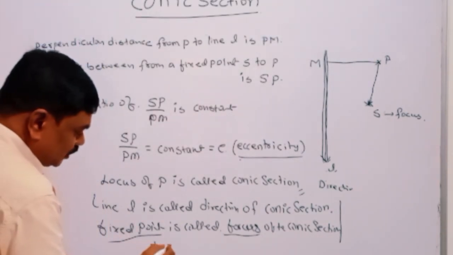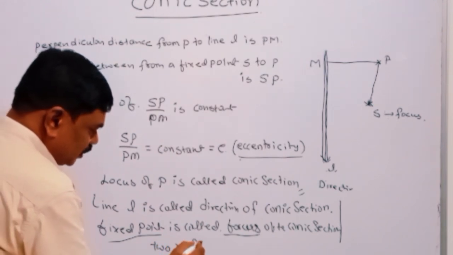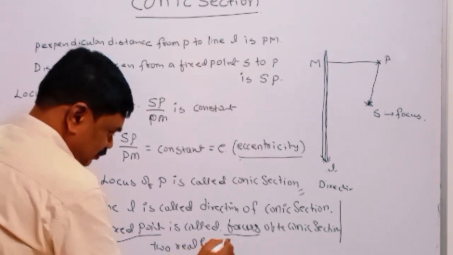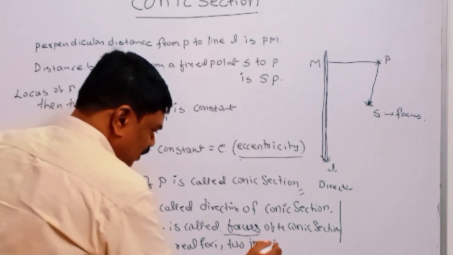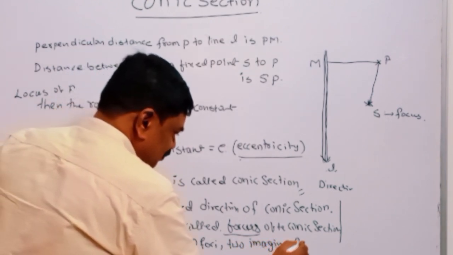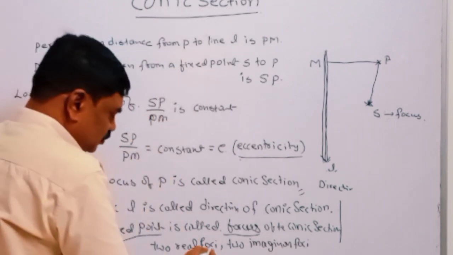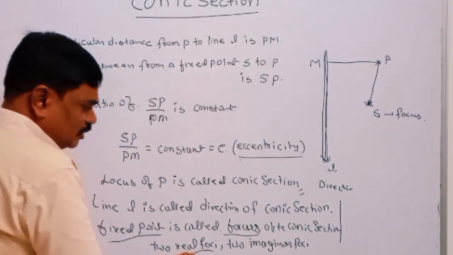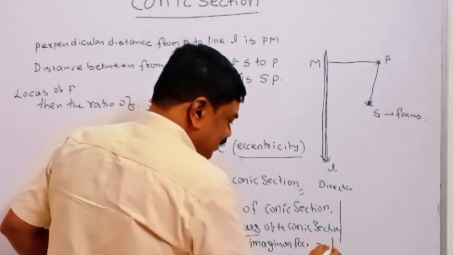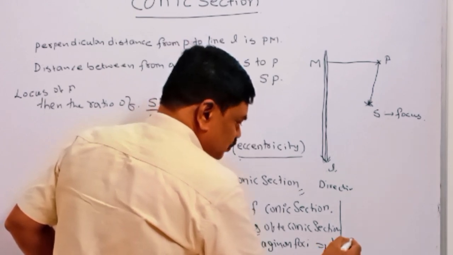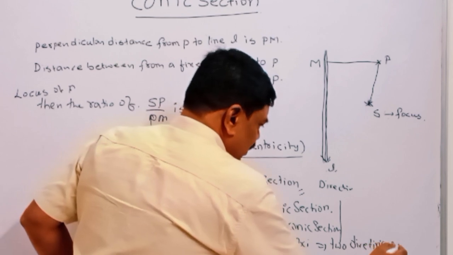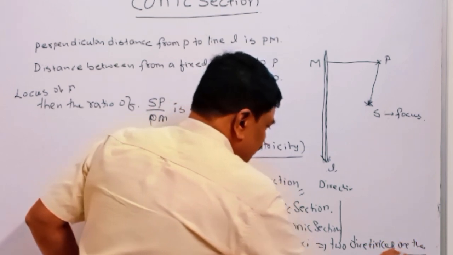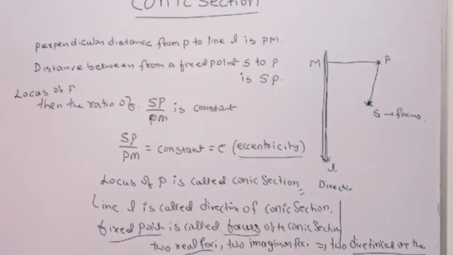Two real foci and two imaginary foci, and two directrices are there in a conic section. Okay, all of you.